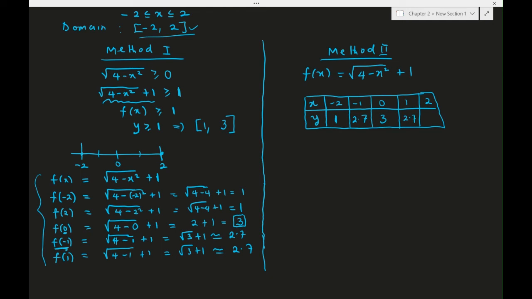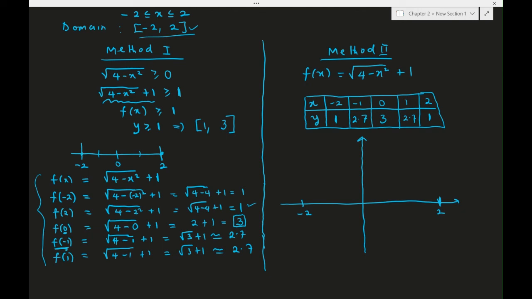And f of 2 also happens to be 1, so this is it. Now we have an idea of what you should plot. So remember, our domain is very important. Minus 2 to 2. You can't do anything outside this domain.